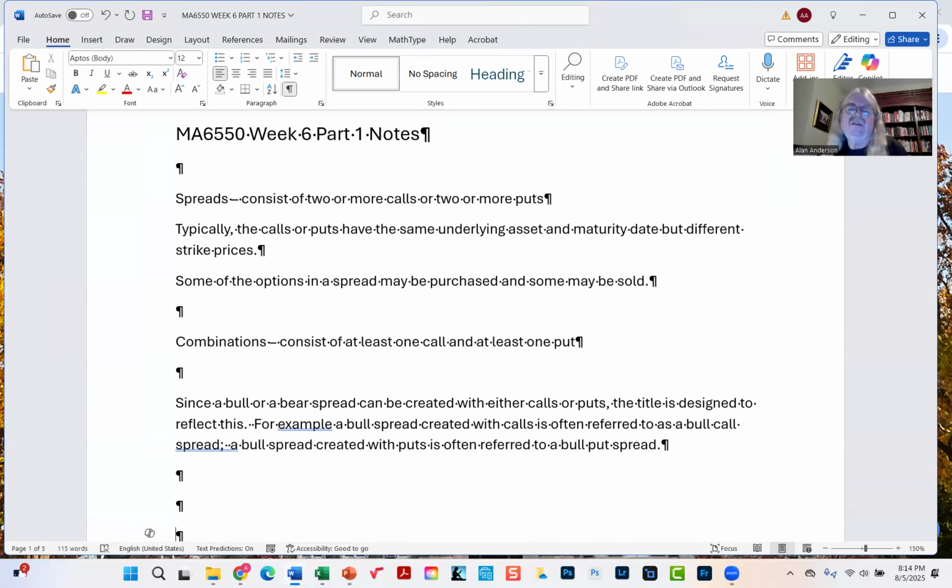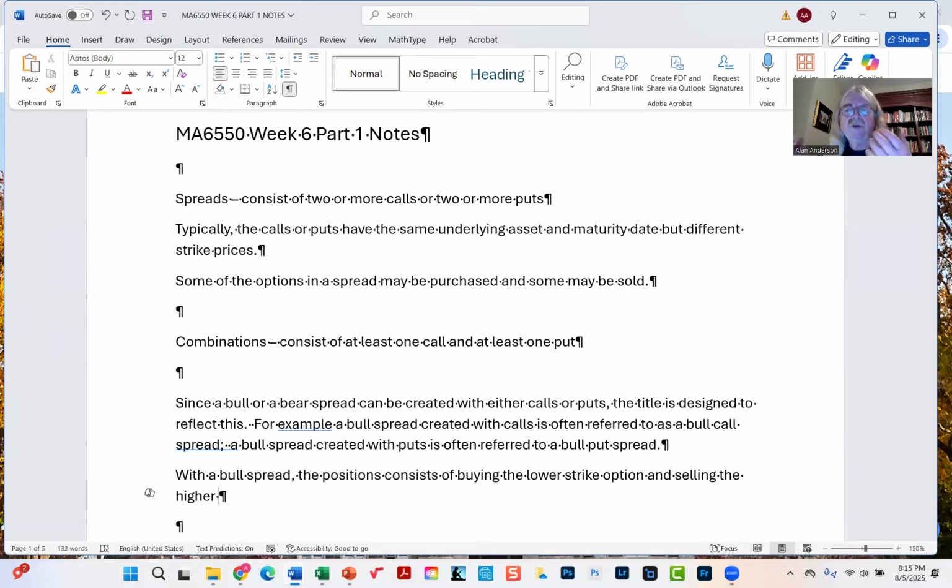All right. And again, the choice isn't that important. It can work either way, but it will affect the cost of the position, the maximum profit, and the minimum profit. All right. So as we saw last time, with a bull spread, the position consists of buying the lower strike option, which could be either calls or puts, and selling the higher strike option.